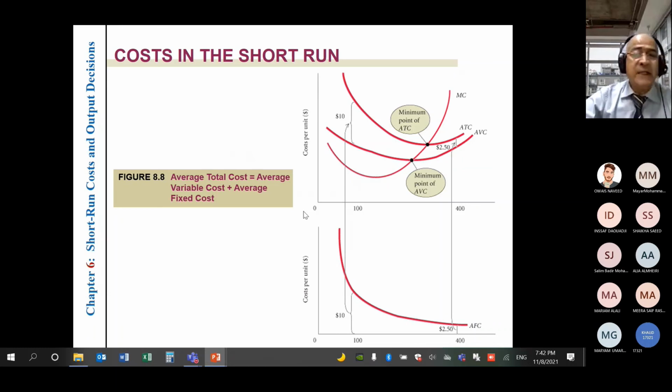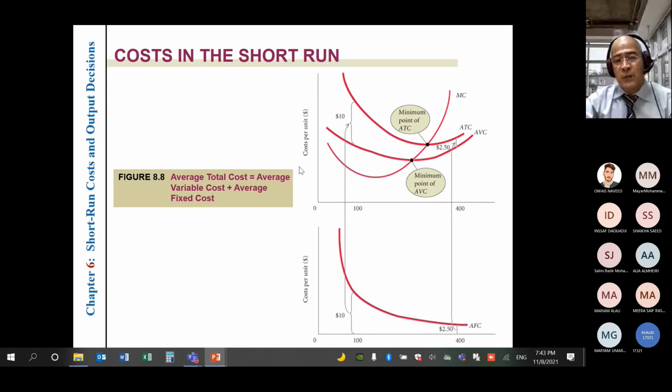So there is a difficult question. Look at the upper panel of per unit cost curves. I kept the vertical distance between average total cost and average variable cost. Why does the vertical distance between these two curves decrease as output increases?